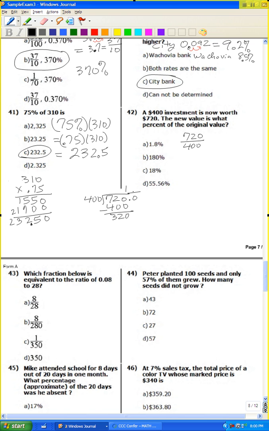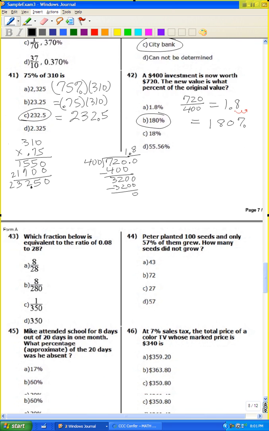Add another 0. 8. That's equal to 1.8. And we want to write it as a percent. So let's move the decimal 2 places over. And so 180%. So B, 180%.